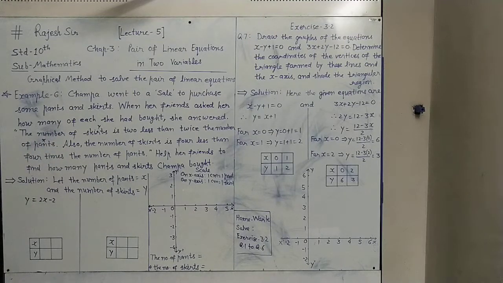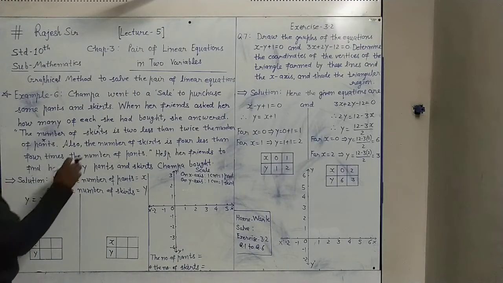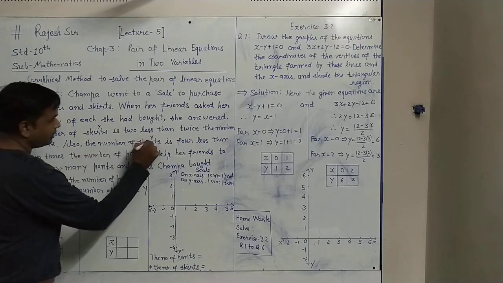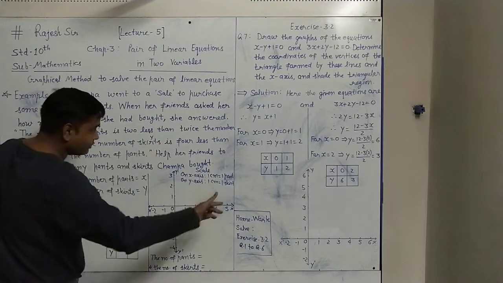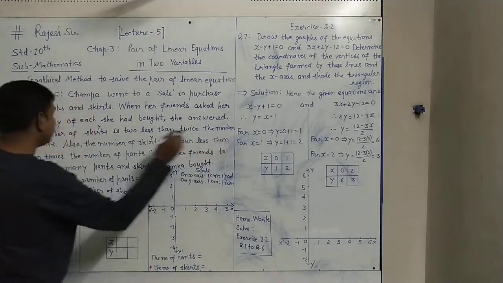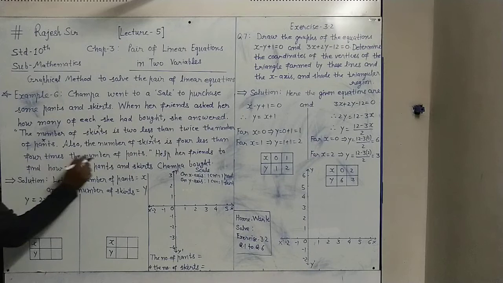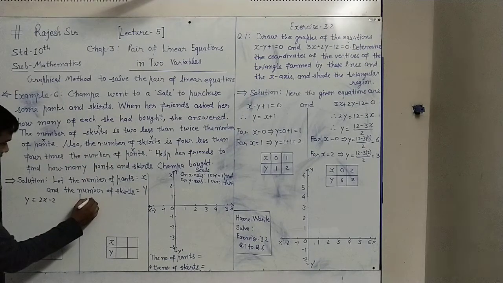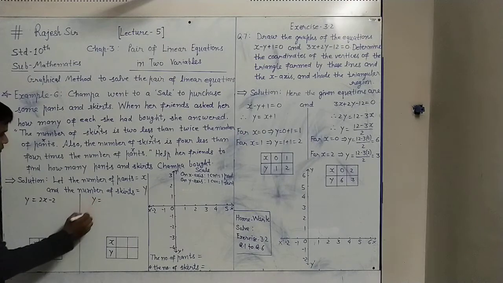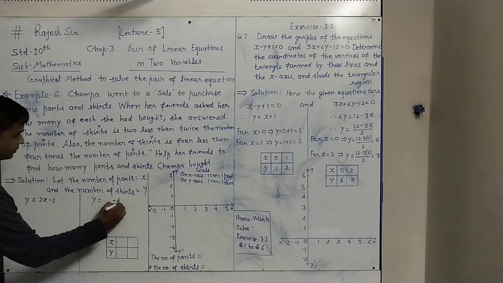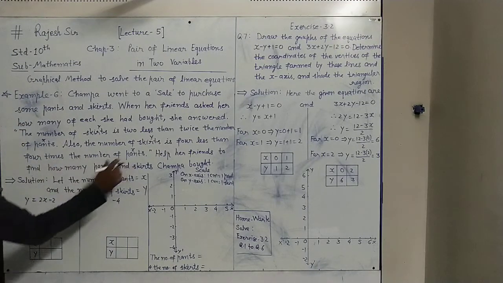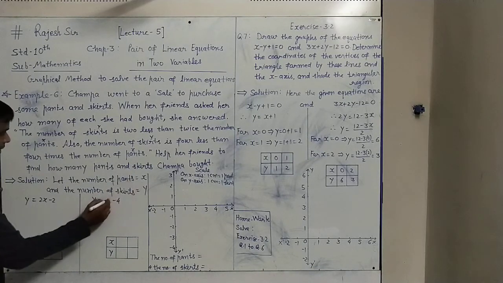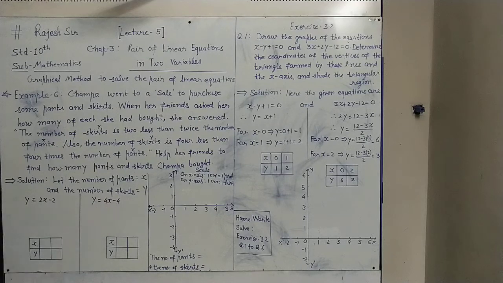From the second statement, in a similar way, the number of skirts y is 4 less, means minus 4, than 4 times the number of pants, 4 times x. So y = 4x - 4.